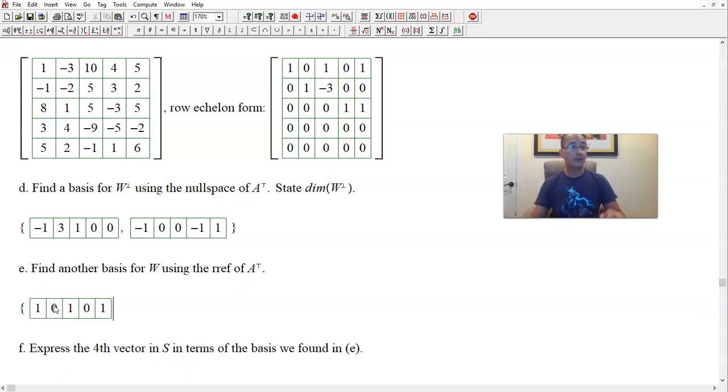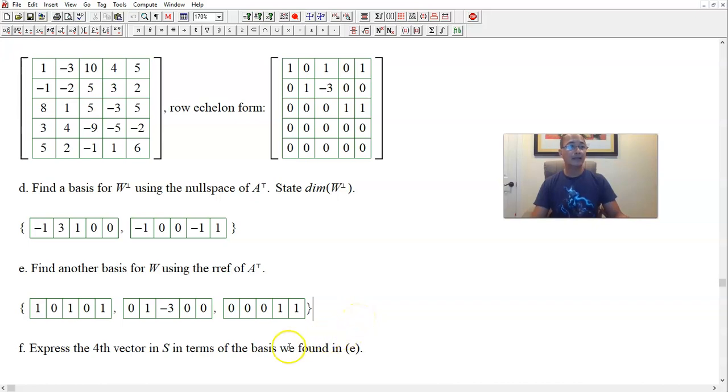So there's hardly any thinking involved, just cut and paste the 3 non-zero rows from our REF. It's hard to say that fast. So there you go. And of course, W is still 3-dimensional.